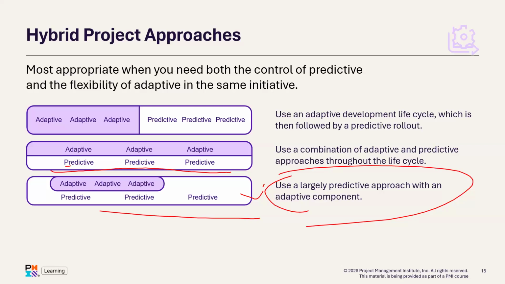Ernest. The third one. In a real world scenario? Yes, or in any example. Now you have this approach, largely predictive with adaptive components. Under what circumstance or situation will you opt for this approach?